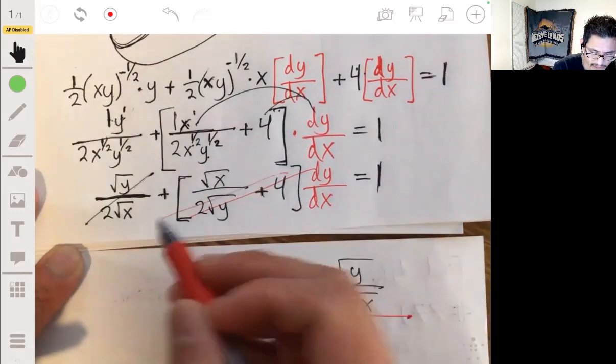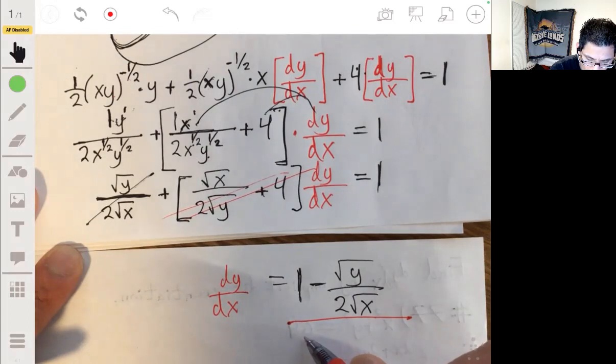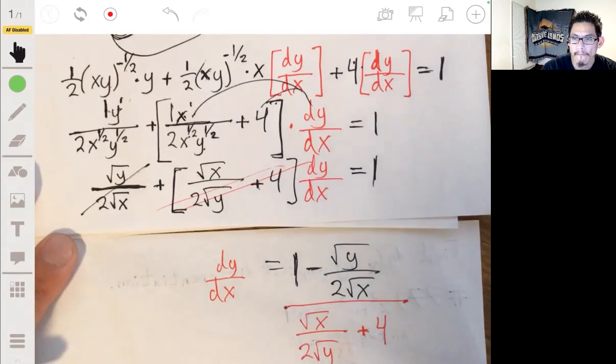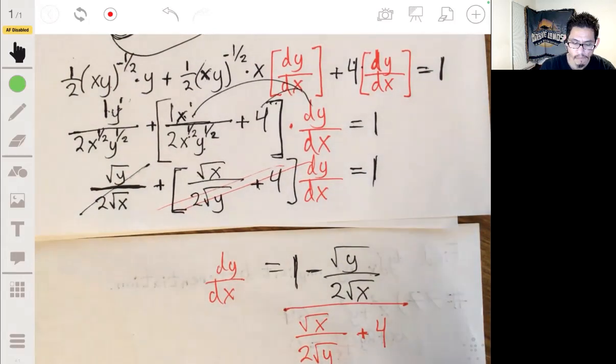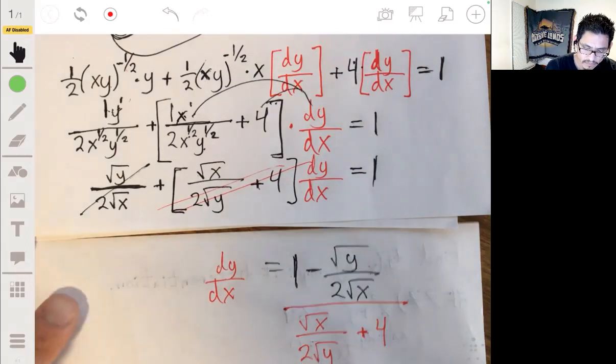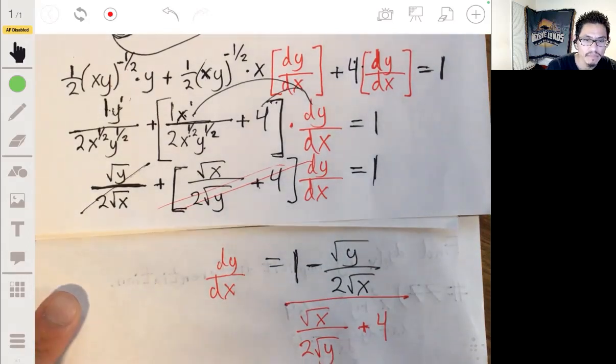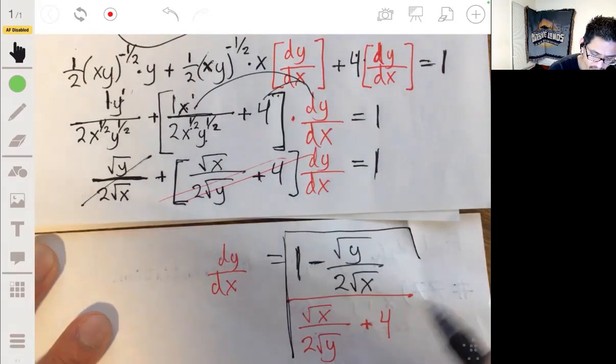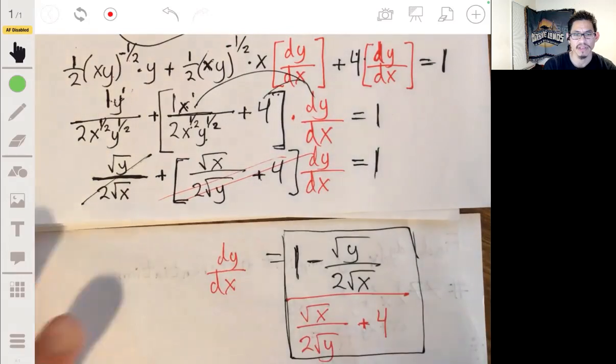So that divided by the square root of x over 2 times the square root of y plus 4. Now this will be your answer.